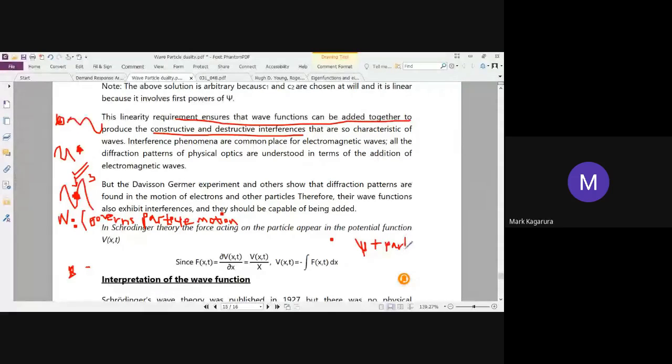And this is really Max Born's work. Coincident. We're not looking at a transmitted wave or anything, so they're not independent.